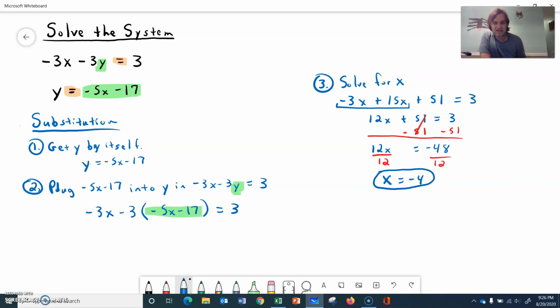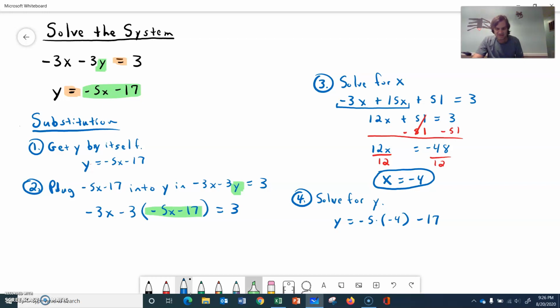Once I have x, the next goal is to solve for y, because we need both the x and the y. In this case, we had in the second equation y already by itself. So y equals negative 5x, but let's replace x with negative 4, minus 17.